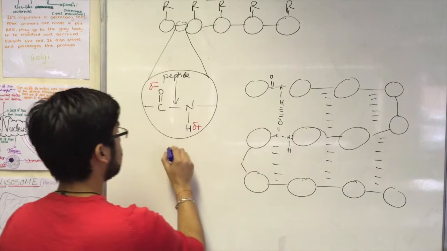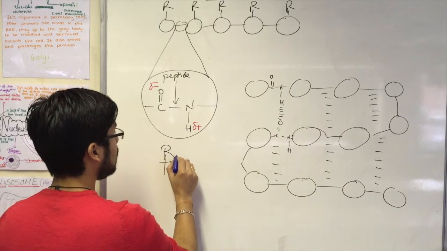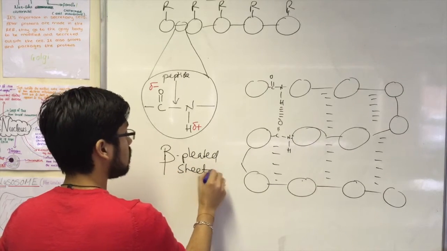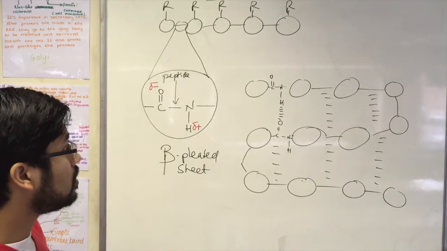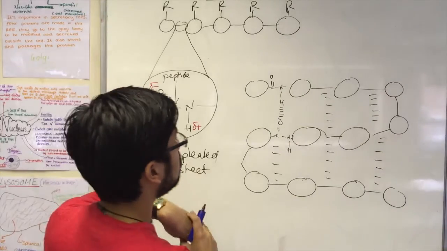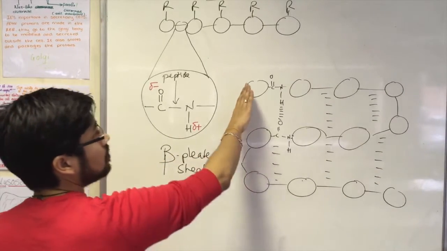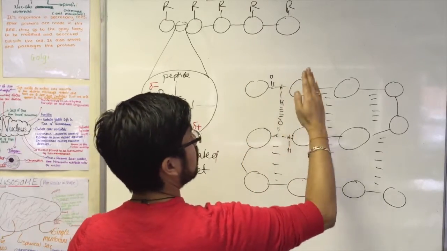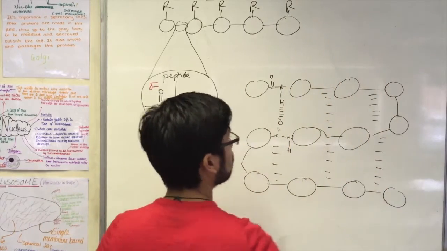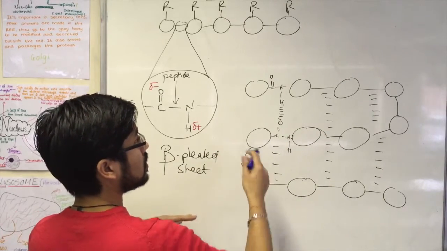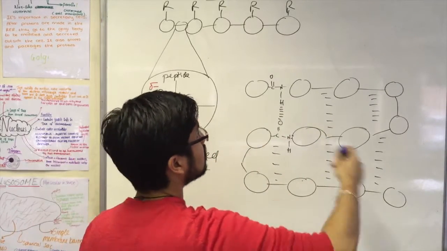This is called a beta pleated sheet. Okay? Because if you looked at this side on, this would be coming out and up and down and up and down in 3 dimensions, and because it's repeated that way, if you looked at it side on, it would have a very kind of pleated structure.